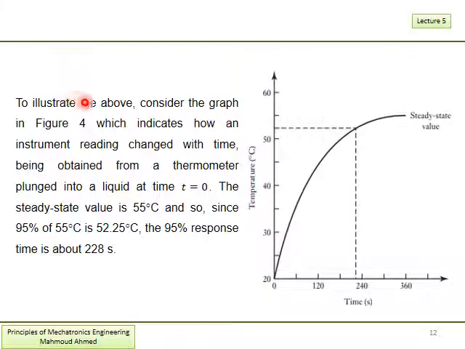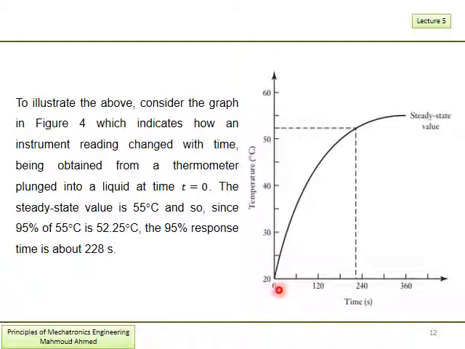So let's have an example here. In this figure, we consider a graph which indicates how an instrument reading changed with time. It is simply a thermometer which is put in a liquid.